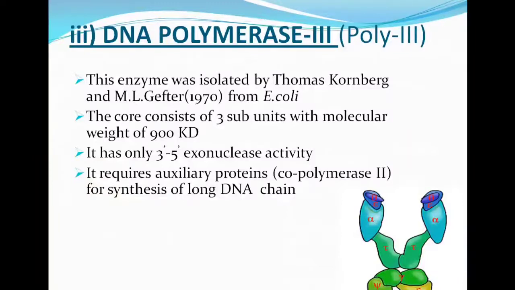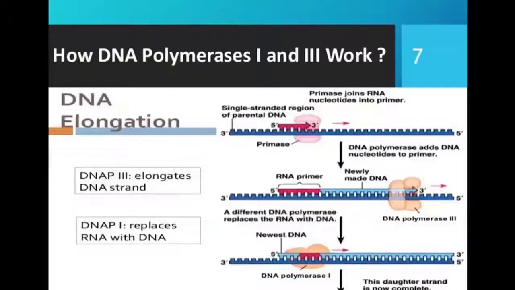That means in the presence of polymerase 3 or polymerase 1, it can act perfectly in the synthesis of DNA. And of course, this is how DNA polymerase 1 and 3 work. Here you can see the primase and here the DNA polymerase, how the elongation of chain and all these things are given here.